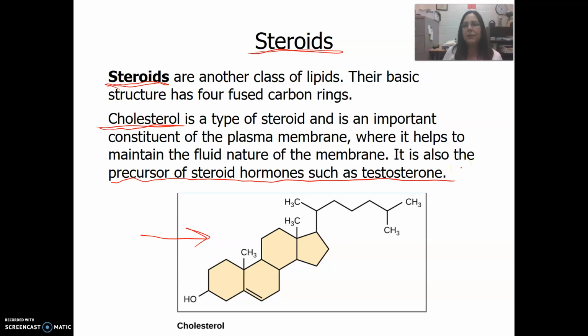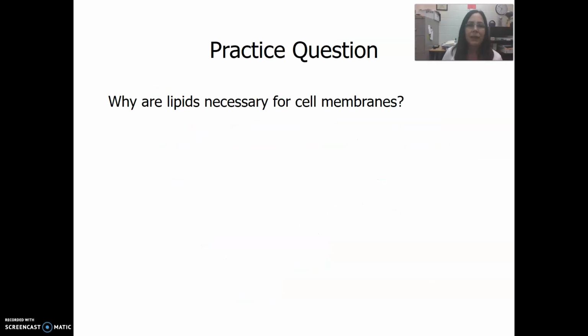Testosterone is the primary androgen or male sex hormone, and then there's estrogen and progesterone, cortisol. So any steroid hormones start out as cholesterol, and then they are converted into the particular steroid hormone.